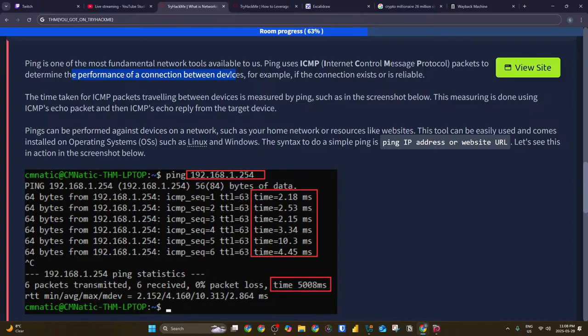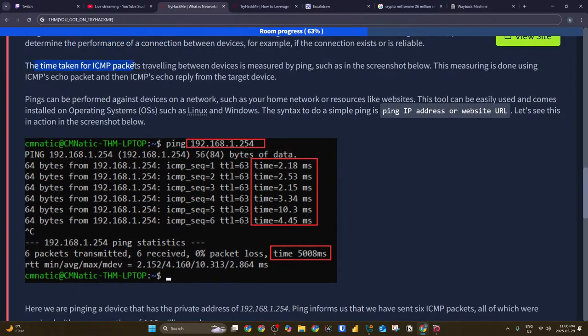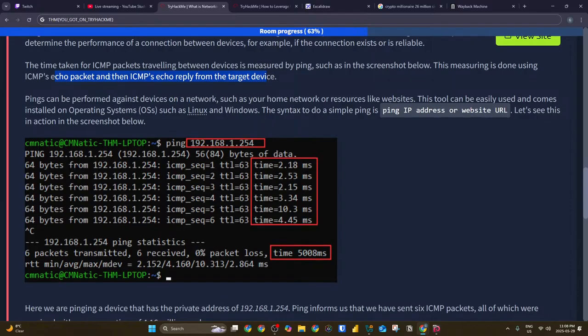Internet Control Message Protocol determines the performance of a connection, how good your internet connection is. This is the way to see. The time taken by ICMP packets traveling between devices is measured by ping. So how much time it took for google.com or facebook.com to load, such as in the screenshot below. This measuring is done using ICMP echo packets and then an ICMP echo reply from the target device.